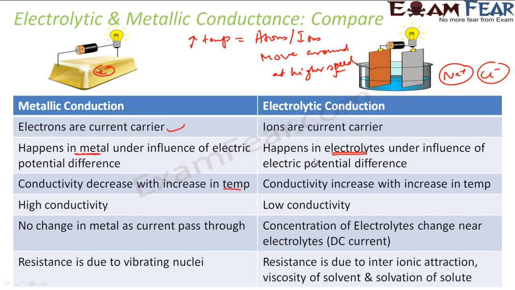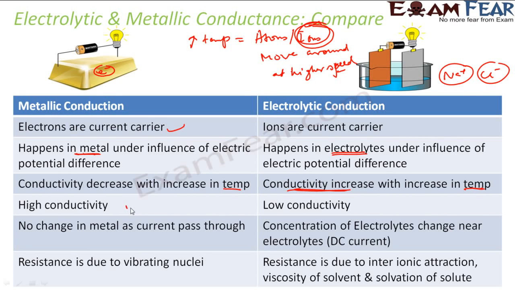But in this case, the moment you heat, the atoms or the ions move. Here we have ions only. Sometimes we have atoms also, because for a weak electrolyte not all the atoms break into ions, right? So the atoms and ions move around at a high speed. But here the carrier is the ion itself, the current carrier is the ion itself. So as we increase the temperature, the conductivity increases.